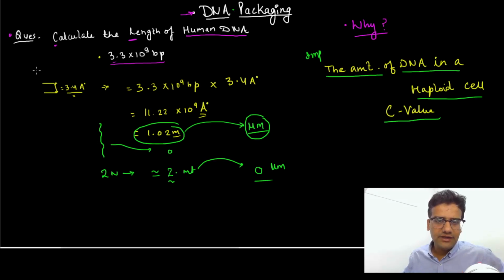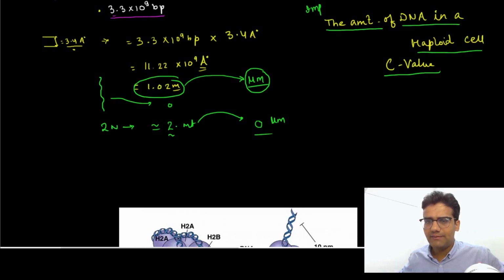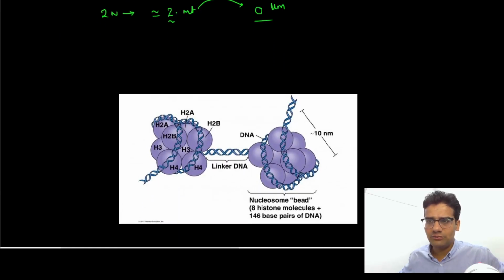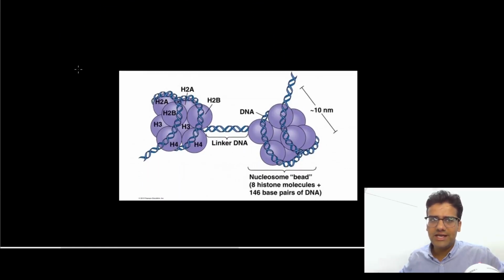We know that in order to fit this DNA into the size of micrometers, we have to fold it. This folding happens with the help of some proteins called histone proteins. So how does the DNA get folded?